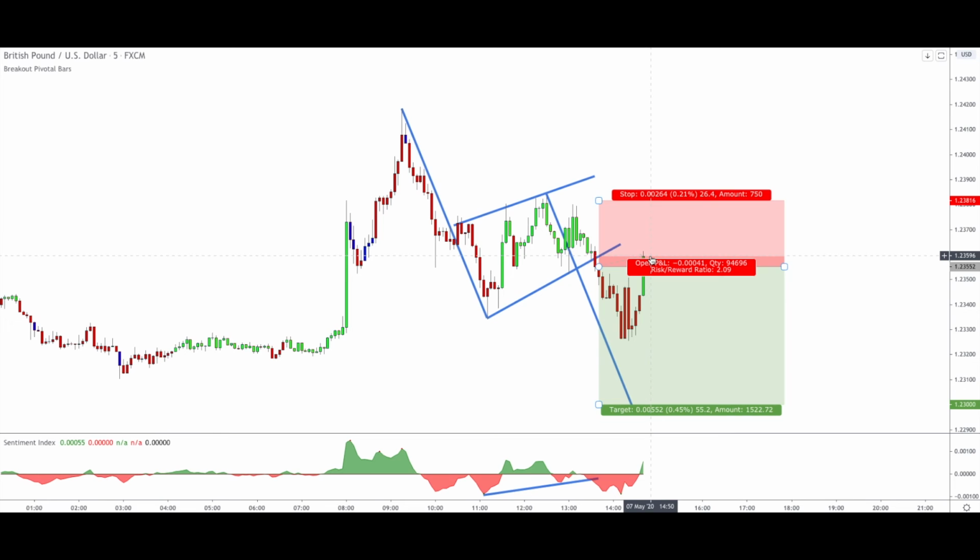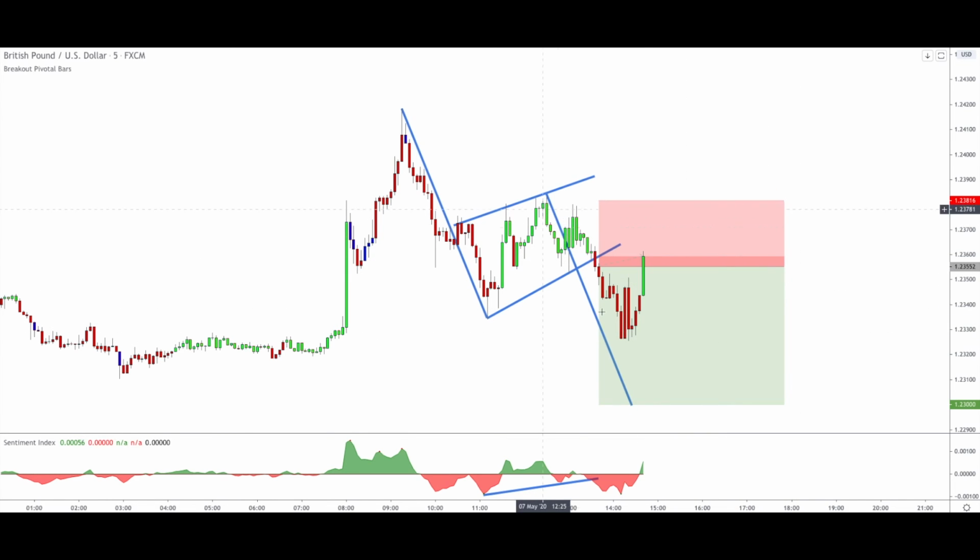It's okay, it can do whatever it wants. I still believe that the analysis is correct. First of all, because it was technically correct, and second, because this kind of setup happens every day in the markets, and I have traded it consistently over, I don't know, many years, and it's always the same.